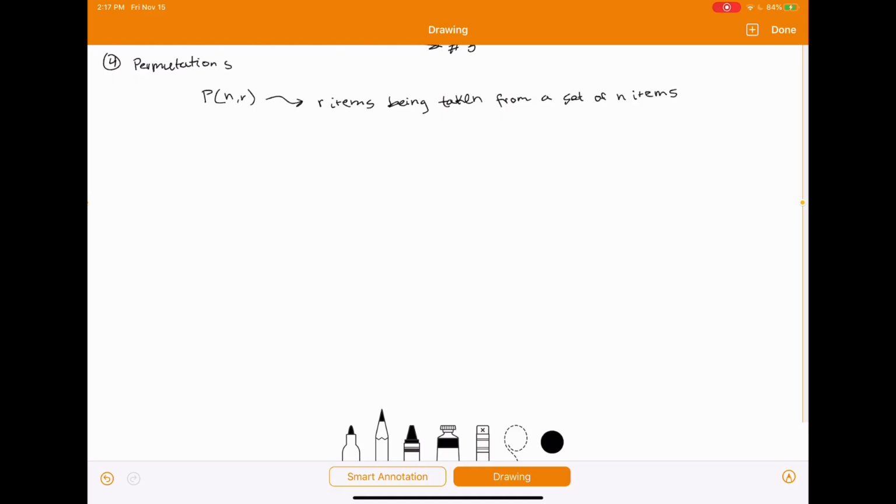All right, and the equation for that is going to be N factorial all over N minus R factorial. All right, so one thing to note about this is that your items aren't replaced.